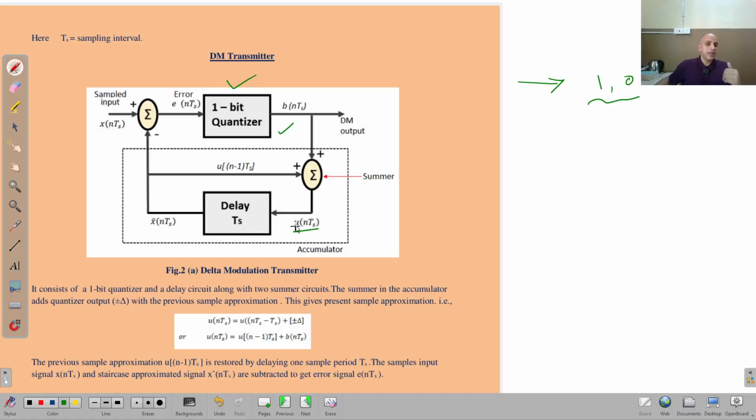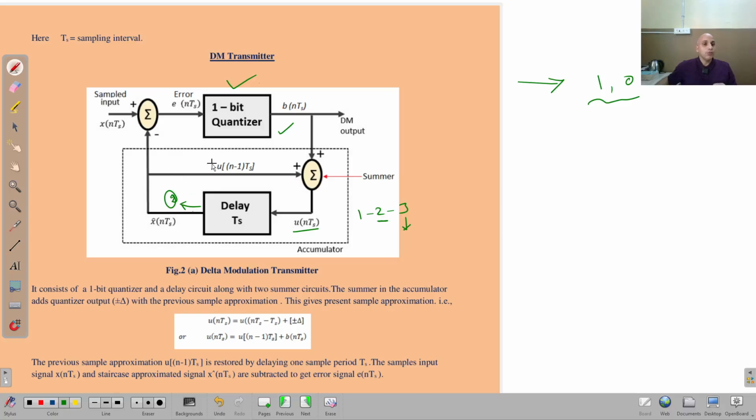It means that if this is u(nTs), then the output of this will be the one step previous output, that is u((n-1)Ts). Suppose we have steps 1, 2, 3 and I am in the third step. This circuit will store the output of the second step, so when it comes to the third step, it will generate the output of the second step. That's why it is called u((n-1)Ts).